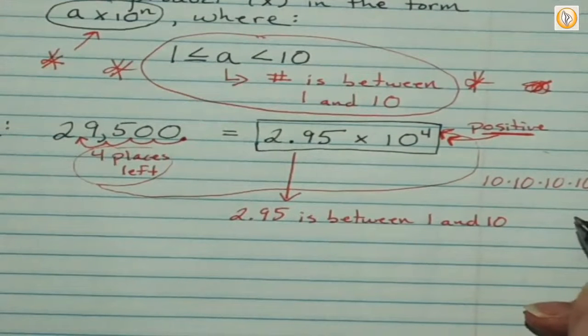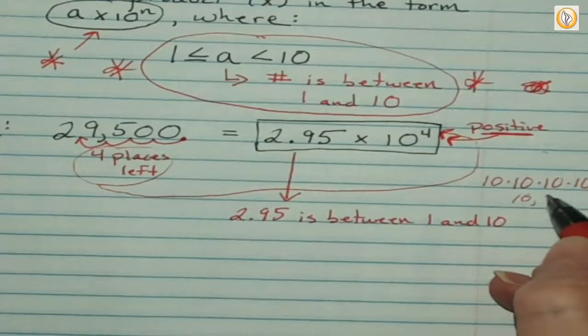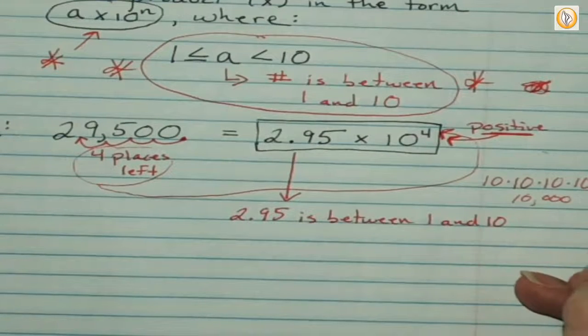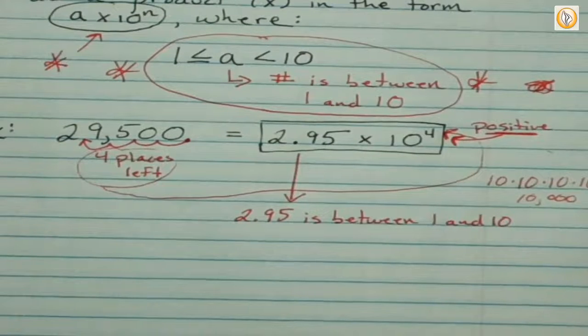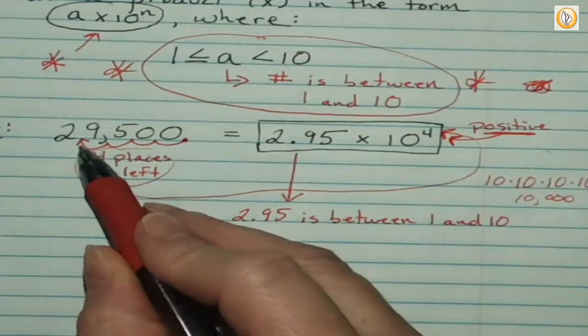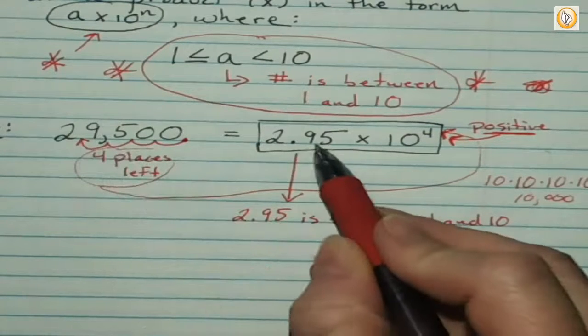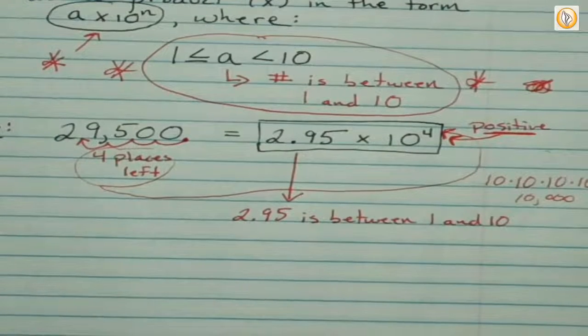If I were to take that and multiply it by this, would I get this? Yeah, you would. How many zeros? 4. One, look, 1, 2, 3, 4. It would give you the same thing.